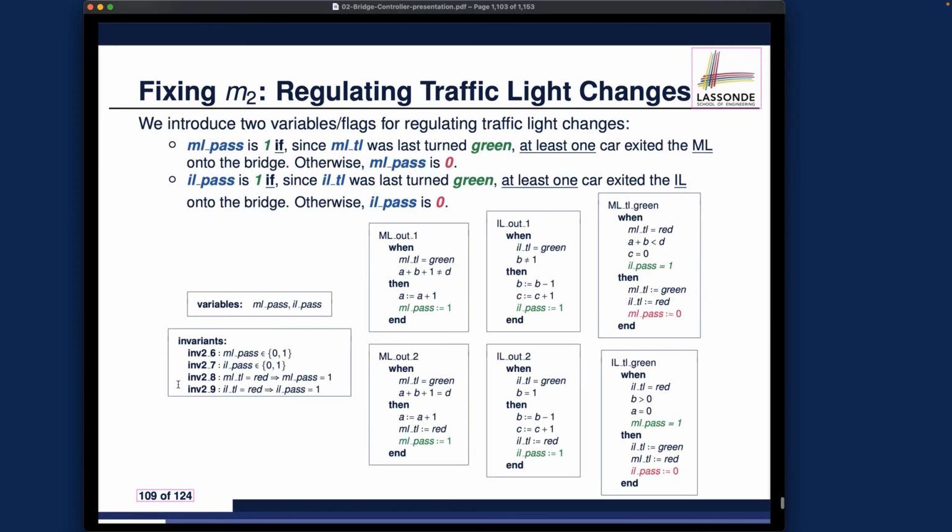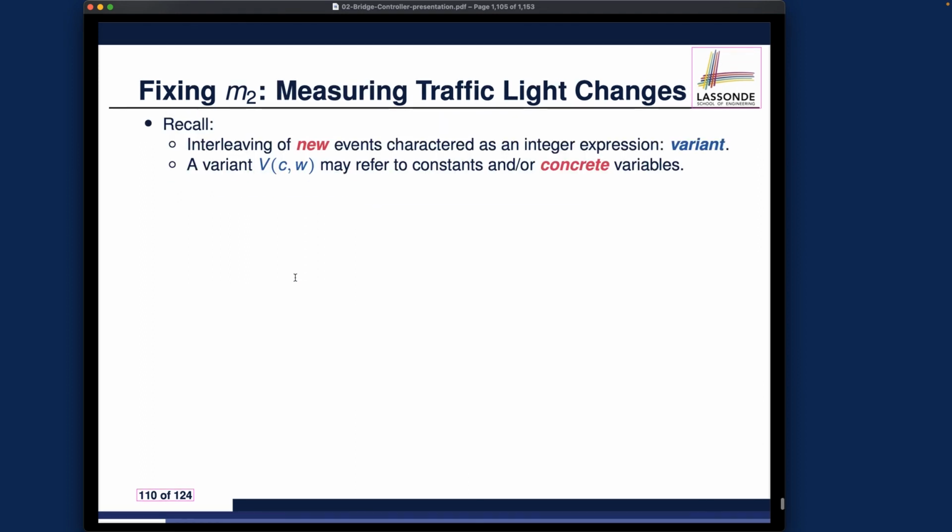If you go back to the earlier part we discussed, you can see these are the extra invariants related to the ML pass and IL pass that we had to introduce to fix the divergence problem. That's why we got these invariants as well. So in total, finally, we got 9 invariants. Remember, we initially introduced invariant number 5, and then we got another 4 due to the divergence solution. Just don't get lost.